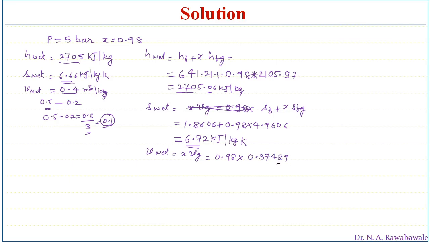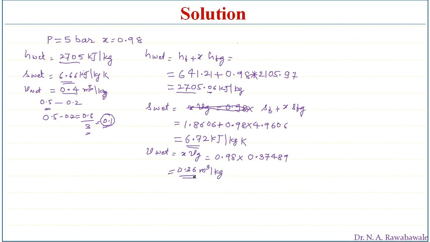On simplification, 0.98 times 0.37489 gives 0.36 meter cube per kg.